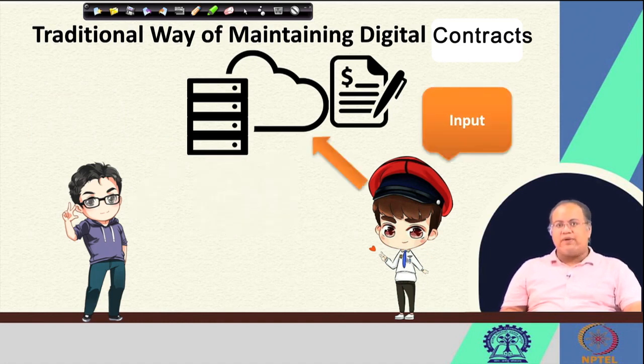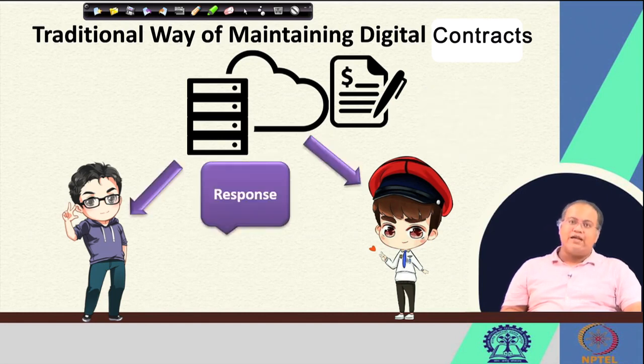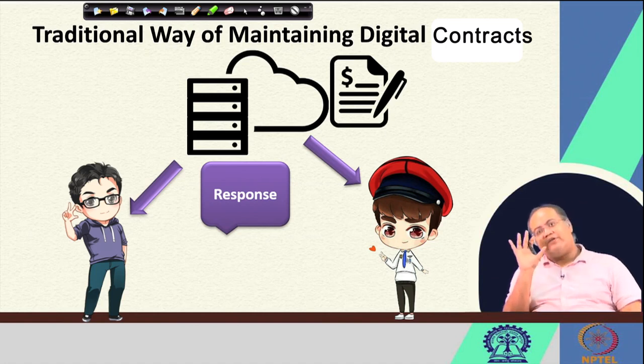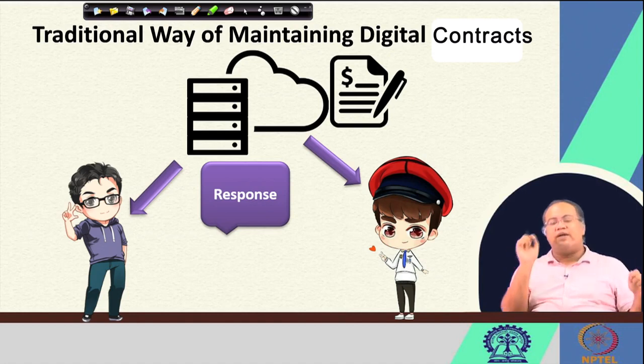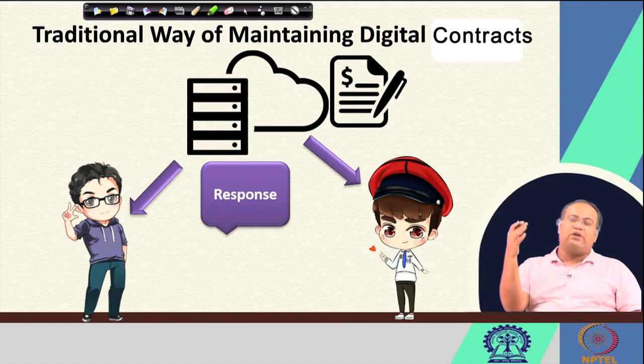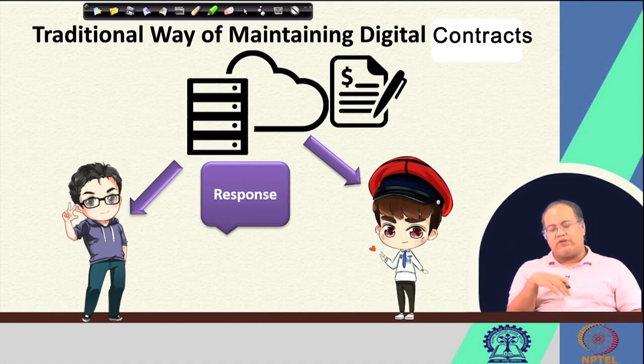Similarly, the second participant can submit an input to the cloud, and again the responses come from the cloud. So, you are using a centralized architecture to execute the contract, and different persons independently submit their input, and the contract is executed over the cloud, which sends back the response.